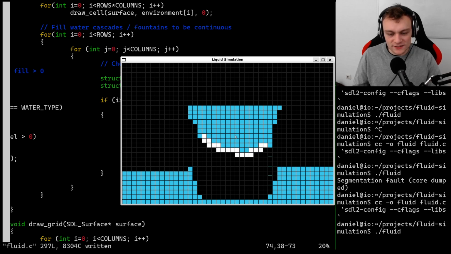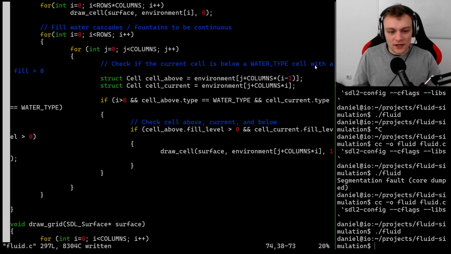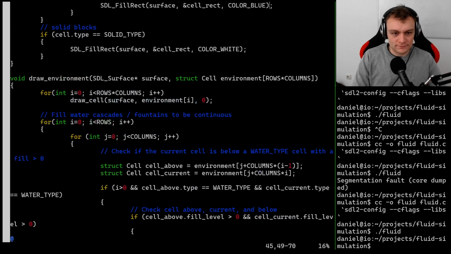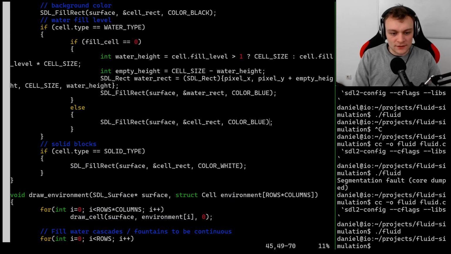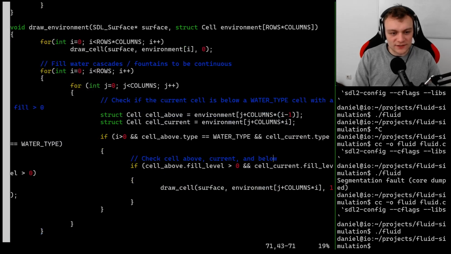Yeah, but what the hell is that? I have the impression that our rendering here even somehow changes the simulation because the simulation looks completely odd.